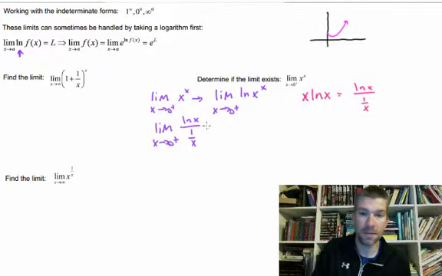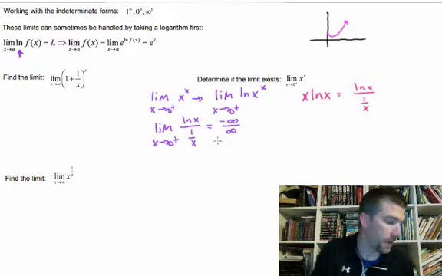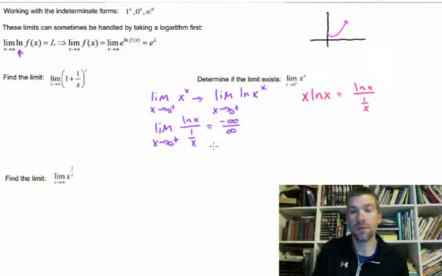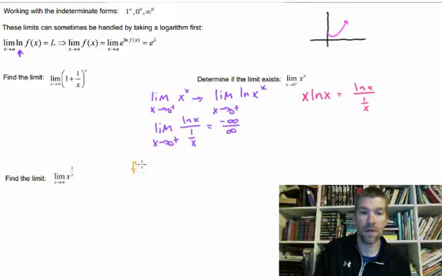And what happens is, as we get really close to 0 here, we end up with negative infinity on the top and positive infinity on the bottom. And because that happens, what we have to do is take the derivative of the top and the bottom. So if I let f of x be equal to the natural log of x, then f prime of x is 1 over x.